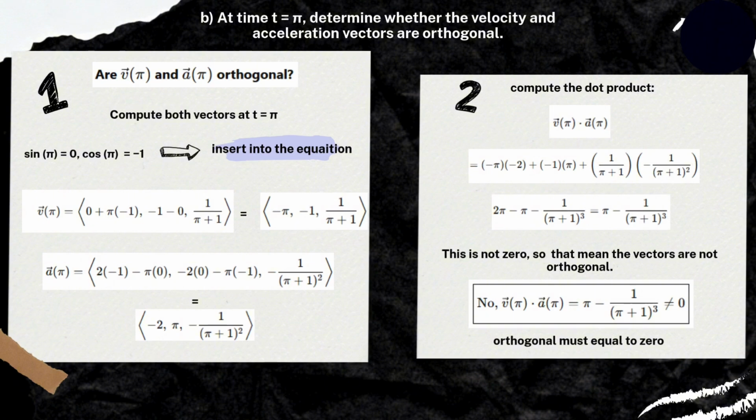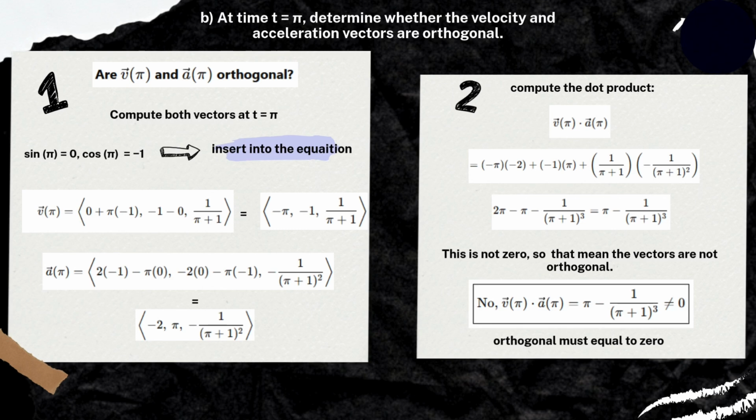So we get minus pi times minus 2 plus minus 1 times 0, plus 1 over pi plus 1 times minus 1 over pi plus 1 squared. The end value is 2 pi minus 1 over pi plus 1 cubed.